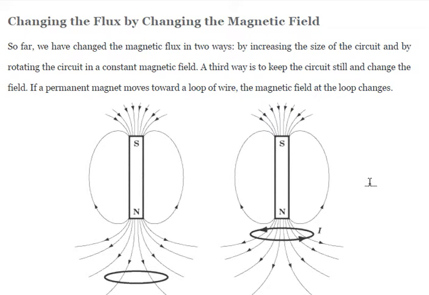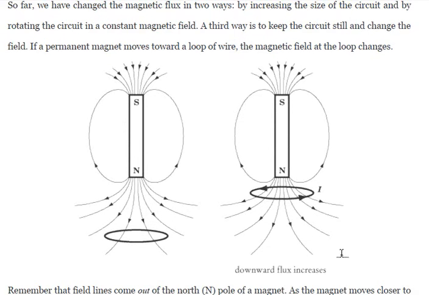If you have a permanent magnet that moves toward a loop of wire, the magnetic field at the loop changes. You can see in this picture, when the magnet is farther away, only these two little lines are making it through. But if we move the magnet a little bit closer, we have a whole lot more lines in there.